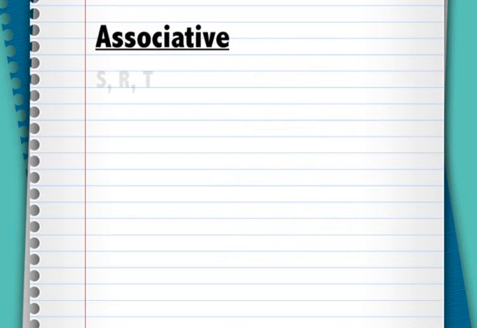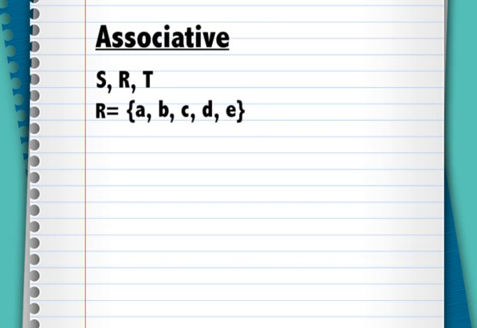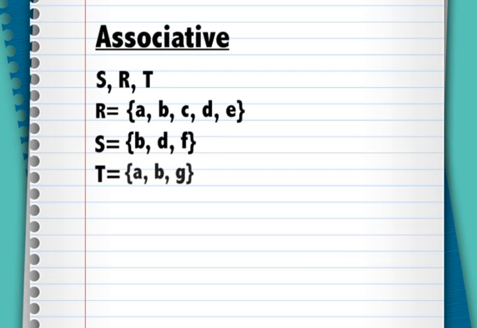We have the sets S, R, and T. If we're given R is equal to the set {A, B, C, D, E}, this is the set R. And we have the set S, which is equal to {B, D, F}. We have a set T, which is equal to {A, B, G}. Now the question is, what is this set equal to?